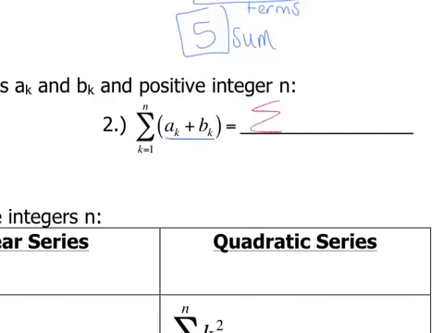So we can find the sum of the first part and then plus the sum of the second part. Take constants to the front, split up any terms that are being added.